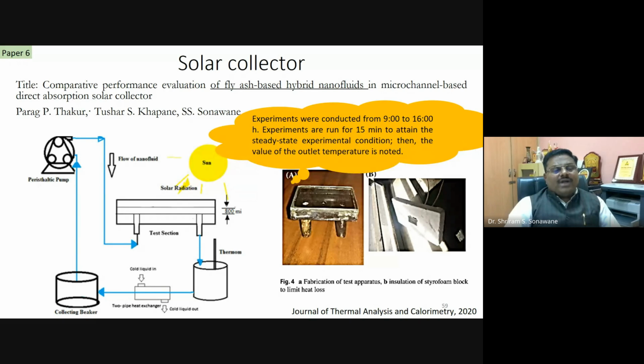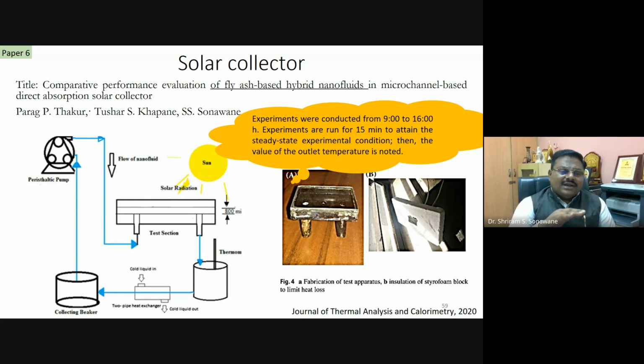We have made 2 microchannels, but there is a possibility of having more microchannels for more heat transfer. This was just a test of whether heat is being transferred into the fluid by solar absorption.